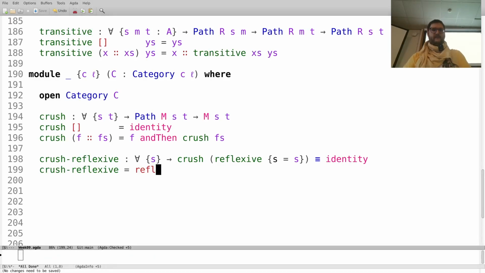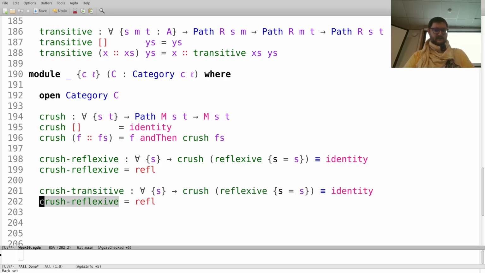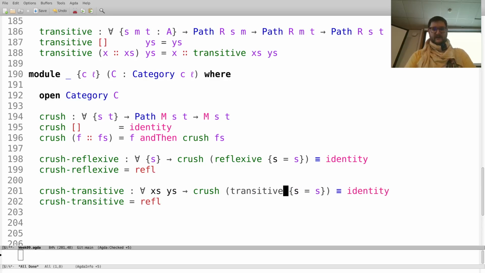Okay, that should be REFL. And then we want to prove that crush of transitive. Okay. And it's going to be something similar. X and Y's. If I take the transitive X and Y's, then it's the same as doing crush X's and then crush Y's.